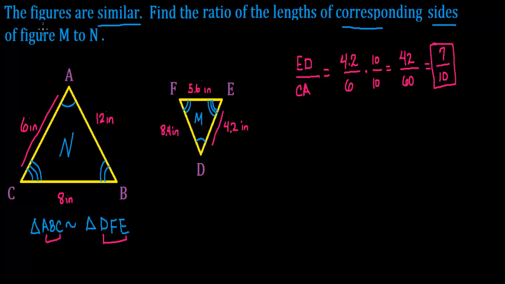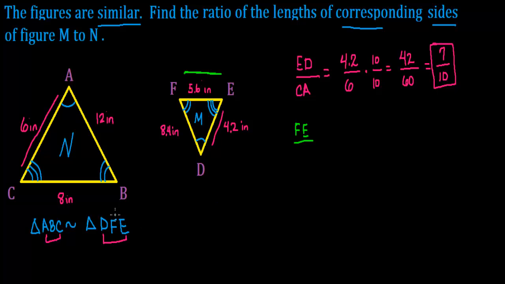Since the figures are similar, I already know that these ratios are going to be the same. So let's pick another side, side FE, this side here. Remember, we always start with M because it says M to N. So FE corresponds with who?